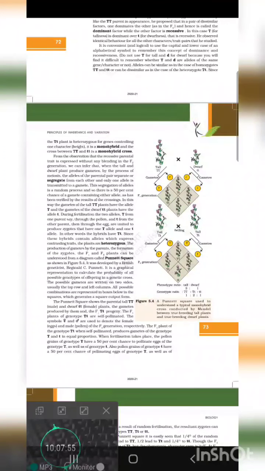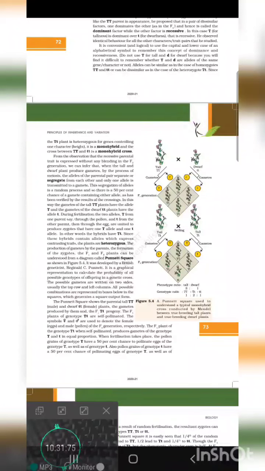This segregation of alleles is a random process, and so there is a 50% chance of a gamete containing either allele, as has been verified by the results of the crossing. In this way, the gametes of the tall plants have the allele capital T and the gametes of the dwarf plants have the allele small t.